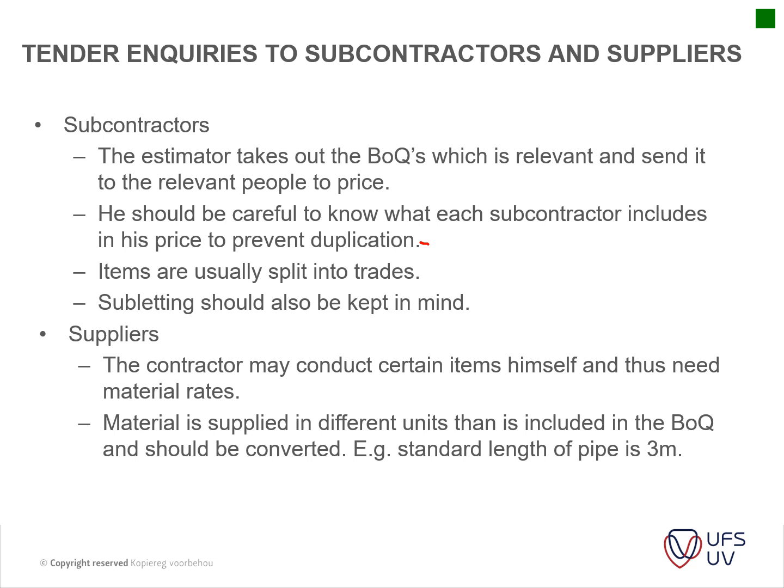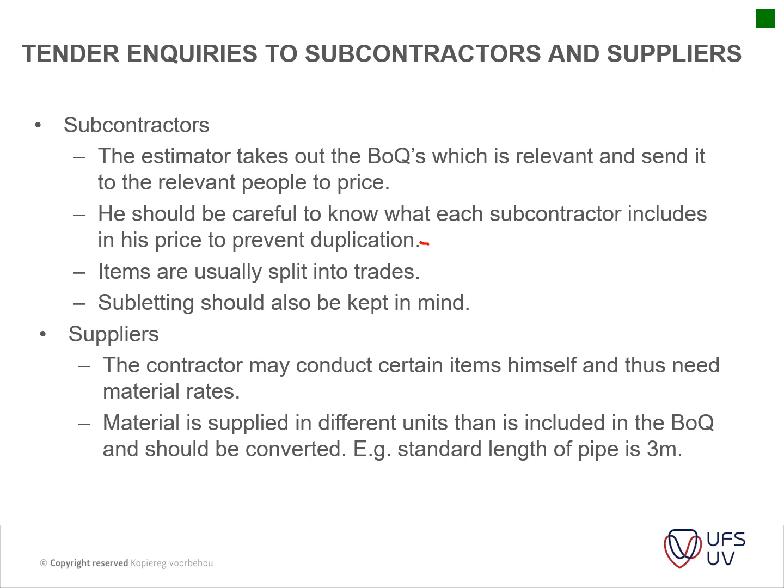For instance, does that contractor include additional P's and G's or contingencies, or does he allow for site establishment, which is not necessary for him to include, because you've got that included in your tender price as contractor already. So you need to clarify what's included in it.